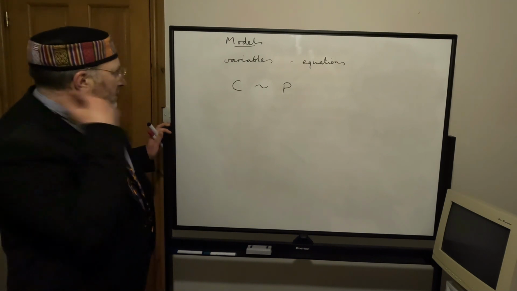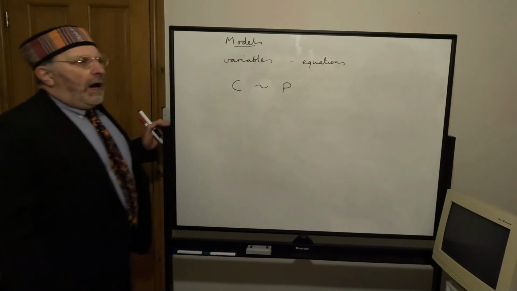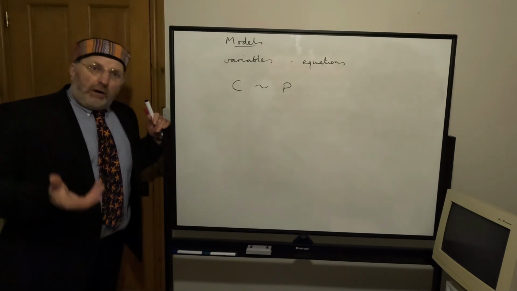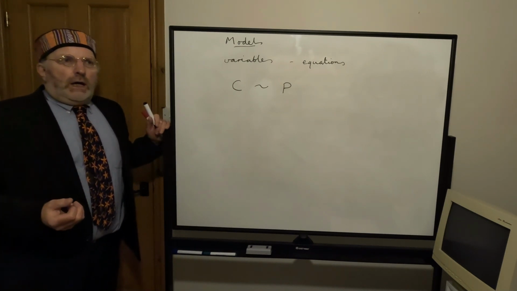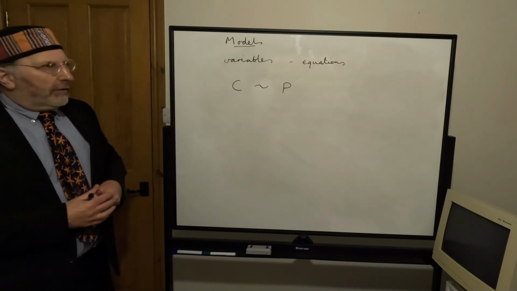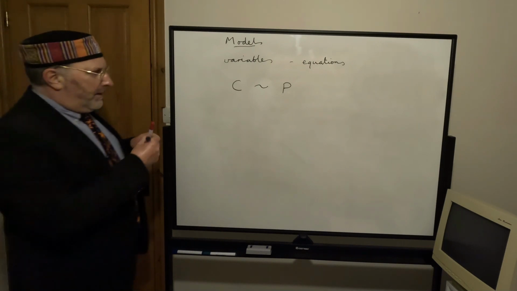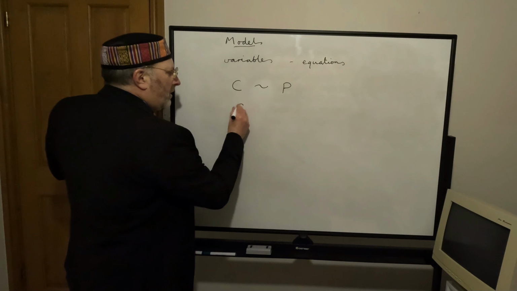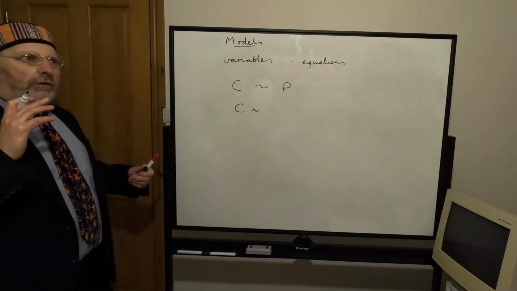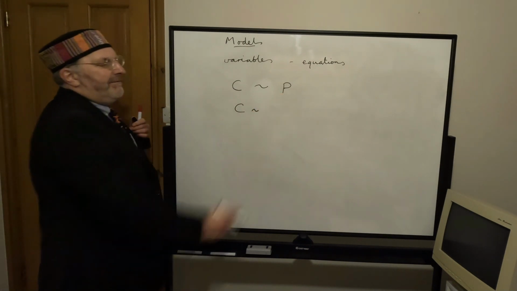Now we might say that per capita crime rate depends on population, but that may not be the only thing it depends on. It might depend on the level of poverty in the city. So if people are poorer, they're more likely to steal things, for example. So we might say that per capita crime depends not just on population, but here I'll use the term not poverty, because poverty begins with a P and we already got a P for population.